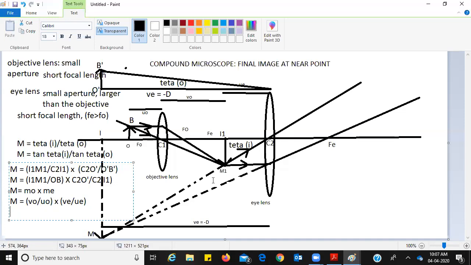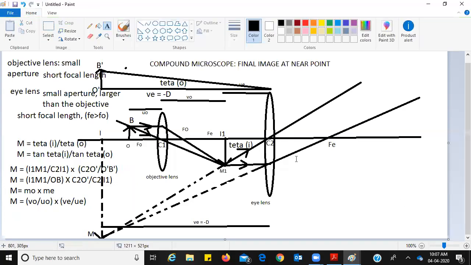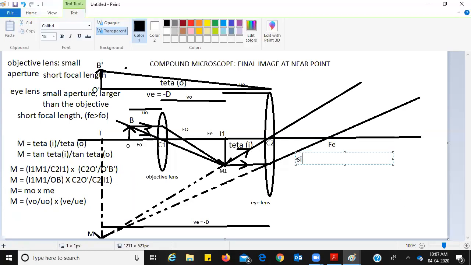So I'm taking VO by UO into 1 plus D by F. I'm just taking this to the right and writing a sentence: since the eye lens acts as a simple microscope, otherwise to derive, okay. So we can write this for the boards.